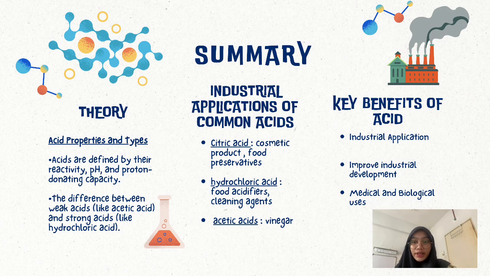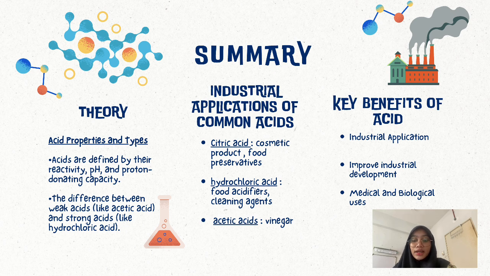In summary, we explain the theory of acid properties and its types. Acids are defined by their reactivity, pH, and proton donating capacity, and the difference between weak acid like acetic acid and strong acid like hydrochloric acid. Besides the theory, we also focus on industrial application of three common acids, which are citric acid, hydrochloric acid, and acetic acid.